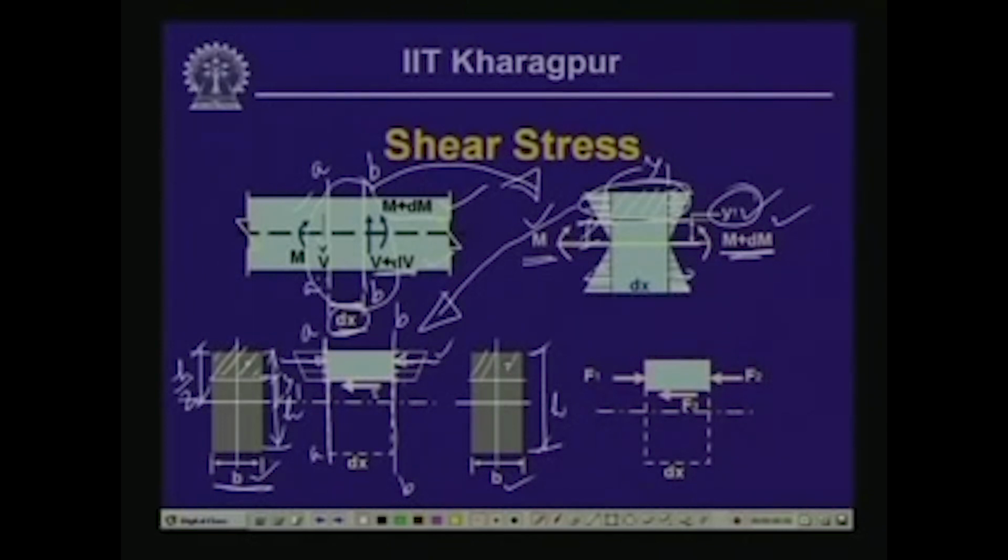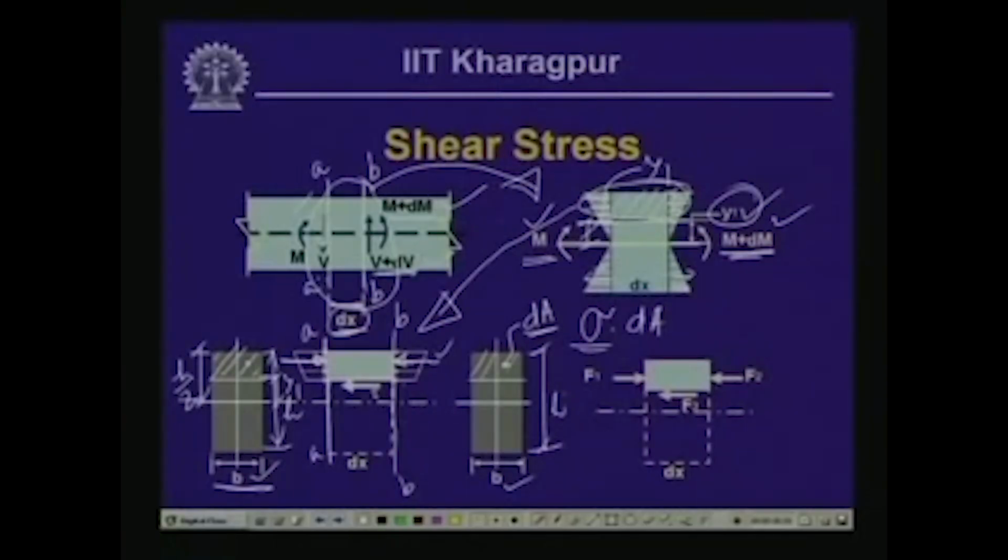Now if we consider a small area dA, then the force which will be acting is equal to sigma times dA, and this sigma we can compute from the expression as we have learned in terms of the bending. Since we are considering only the bending moment acting in this particular section, the stress sigma due to bending is equal to My by I, which we have looked into in the flexural equation.